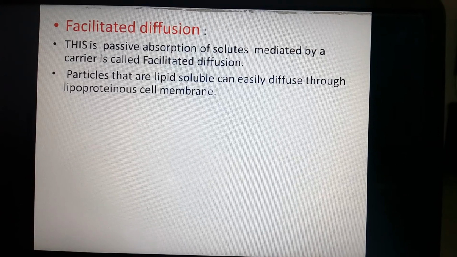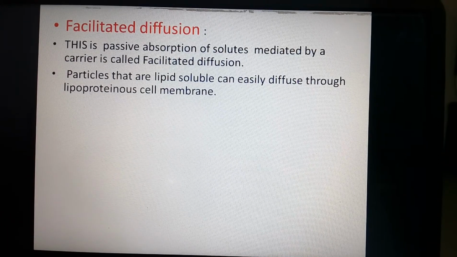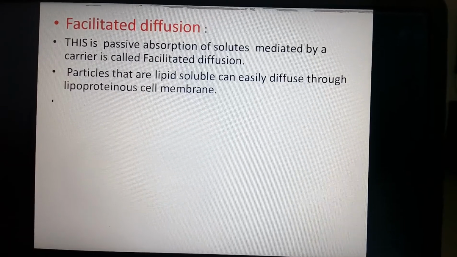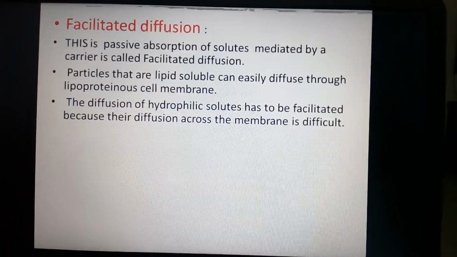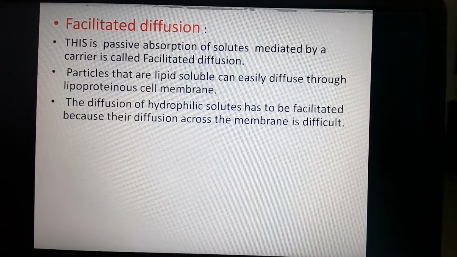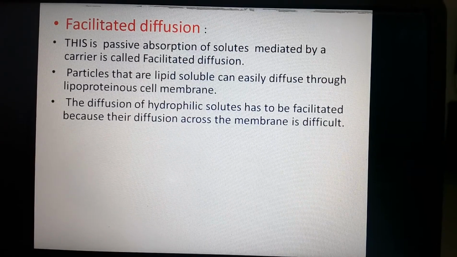Particles that are lipid soluble can move easily through the lipid membrane. They can diffuse through the lipoproteinous cell membrane. The diffusion of hydrophilic solutes, hydro meaning water, philic meaning love.